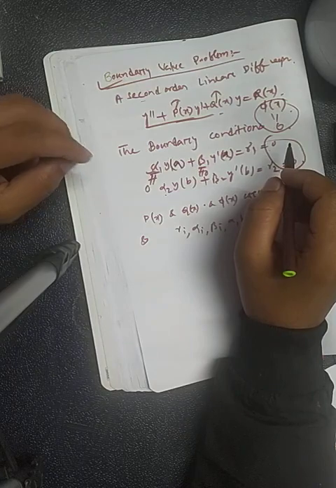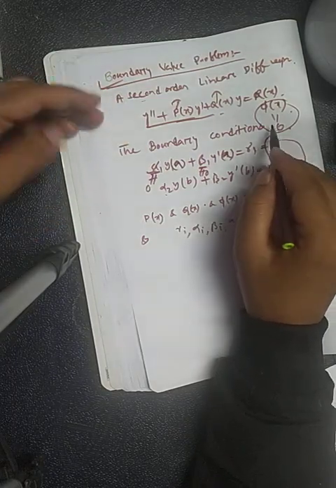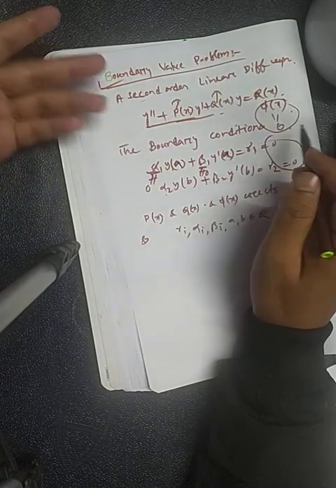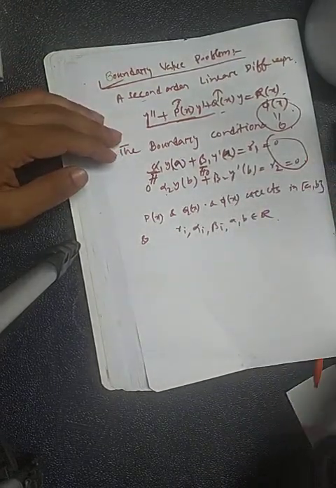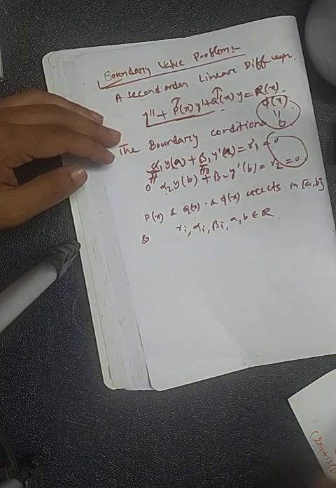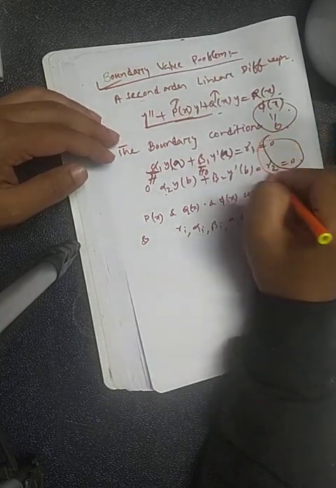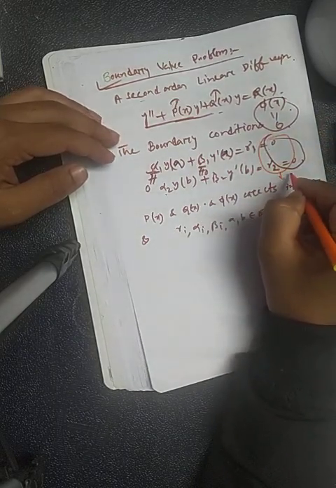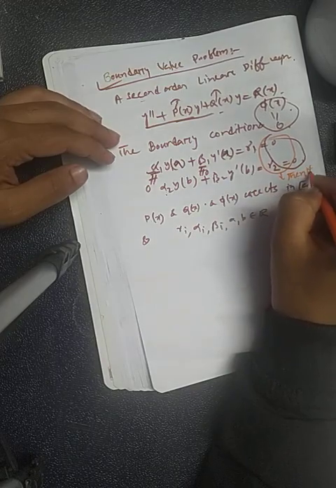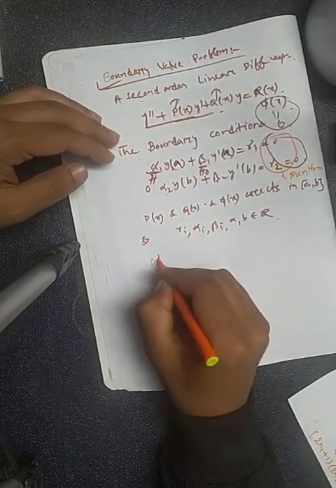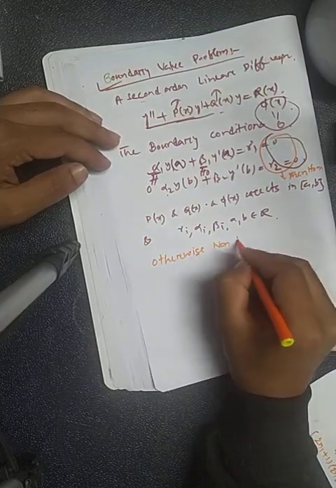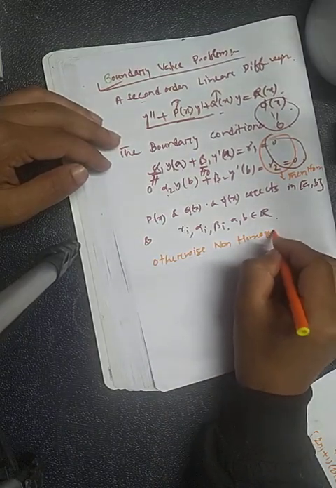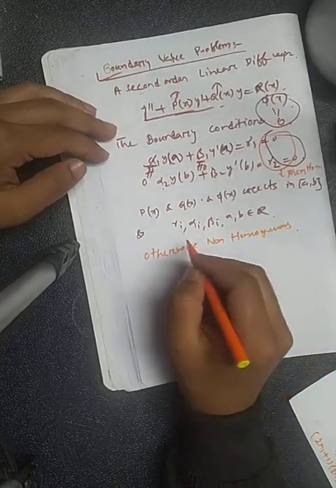If at least one of them is non-zero, then we'll say non-homogeneous. It is easy to notice: if zero then homogeneous, otherwise non-homogeneous.